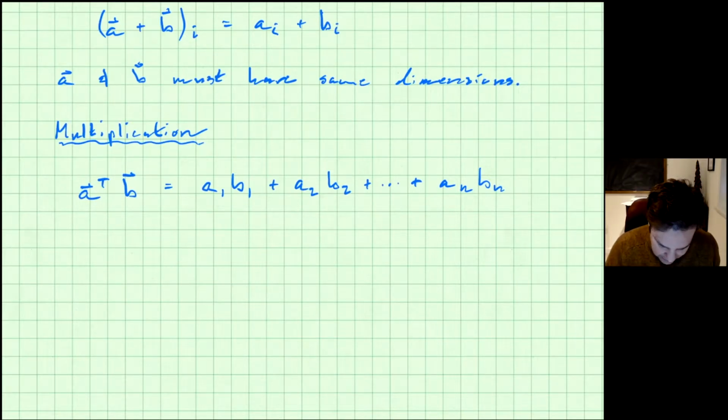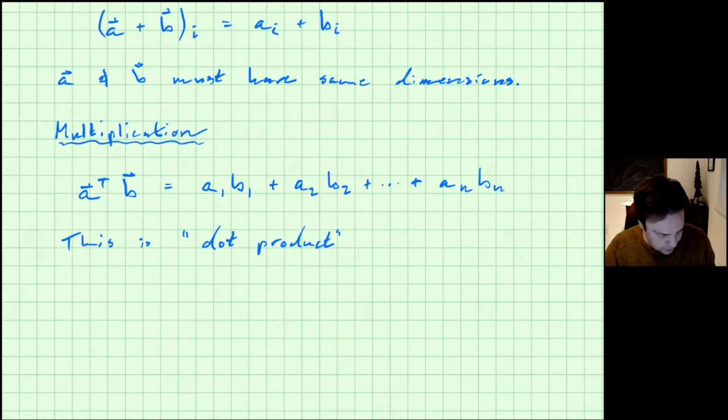And this gets a name. This is called the dot product. That's one name for it. It's also called other things like inner product or symmetric product, but we'll call it dot product. And you can write it like this.